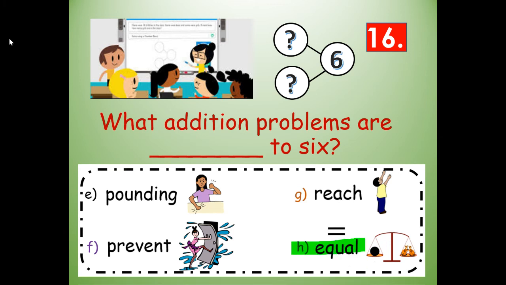Equal. If you notice, those are number bonds. The total is 6, and the two smaller numbers or bonds that equal 6, we don't know. You could be 6 plus 0, 5 plus 1. They are all equal to 6.